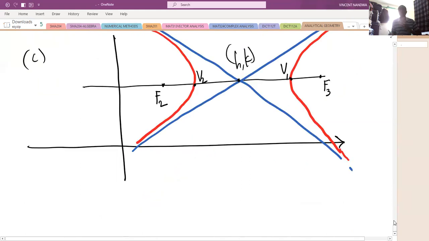Then the equation takes the same form as case A, but now what you do is shift in X by H units, and shift in Y by K units.